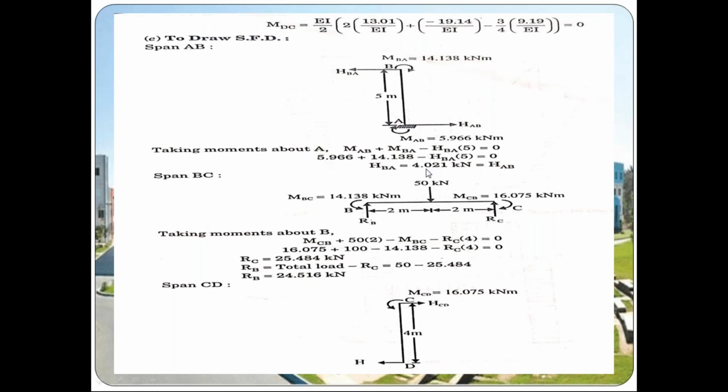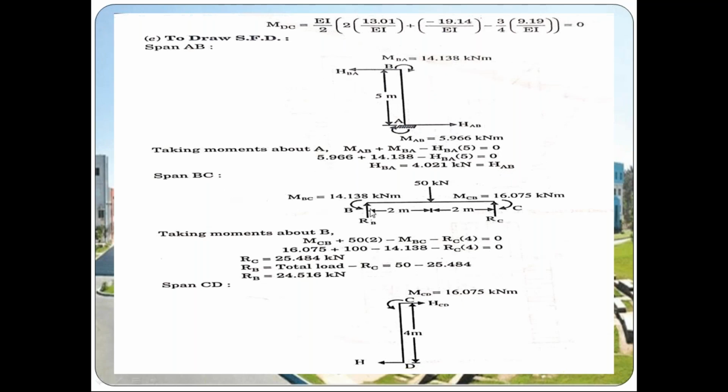It is a positive value, which means the assumed direction is correct. If HBA is in the left side direction, HAB will automatically be in the right side direction, also 4.021 kilonewton.